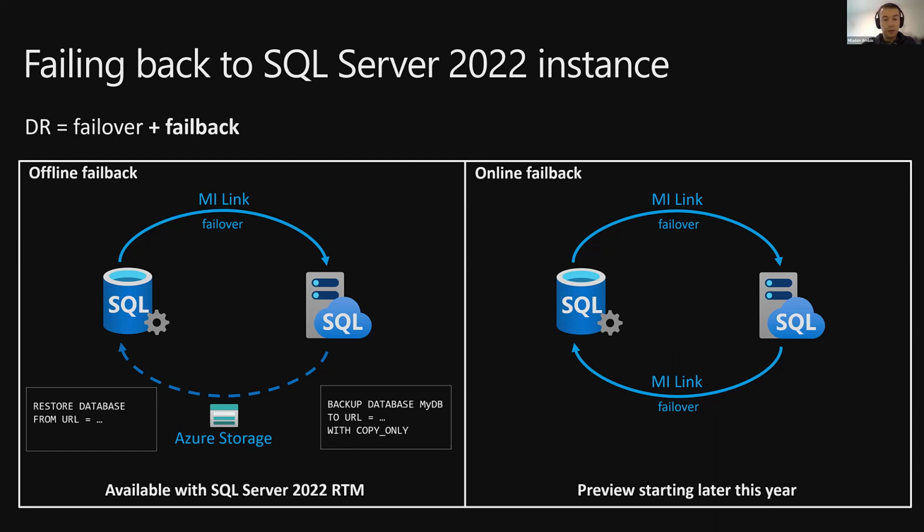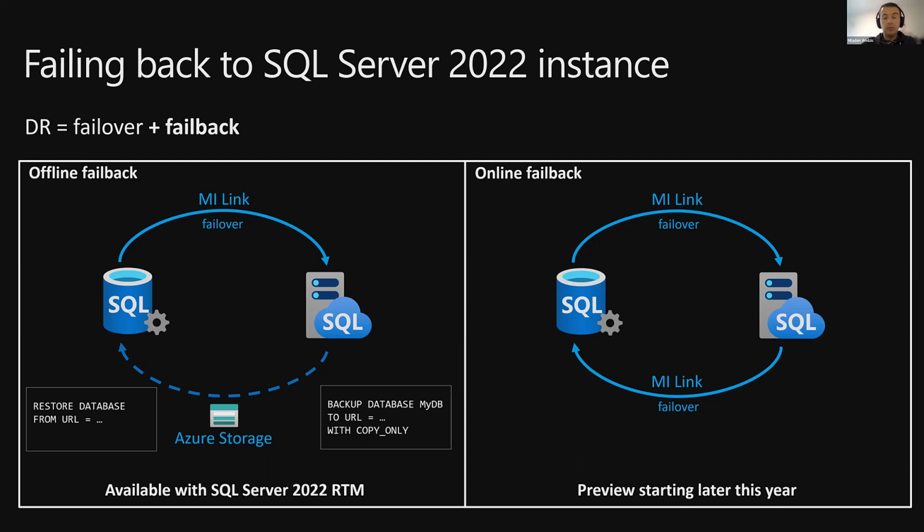So let's start with what's coming really soon, with the scenario that will be available together with the RTM of SQL Server 2022 later this year. It's the so-called offline failback. So basically, you have your usual managed instance link established between your SQL Server 2022 instance and your managed instance.